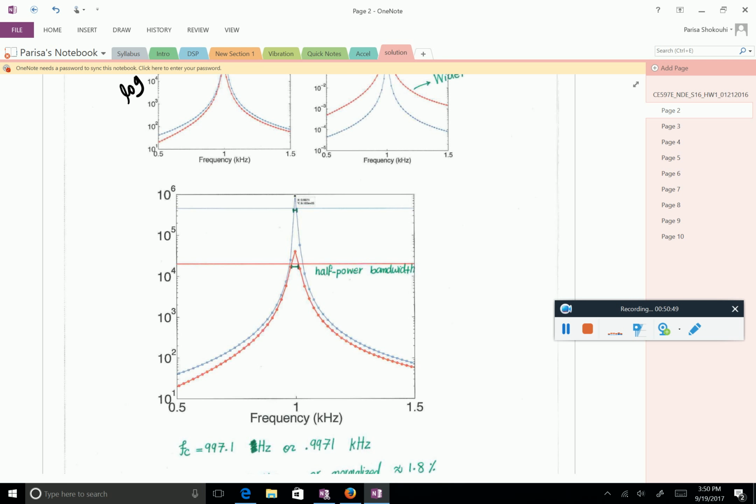What you see here are the lines which mark the half power line. That means the frequency range between the peak and this line. That's the half power bandwidth. It's not an amplitude.